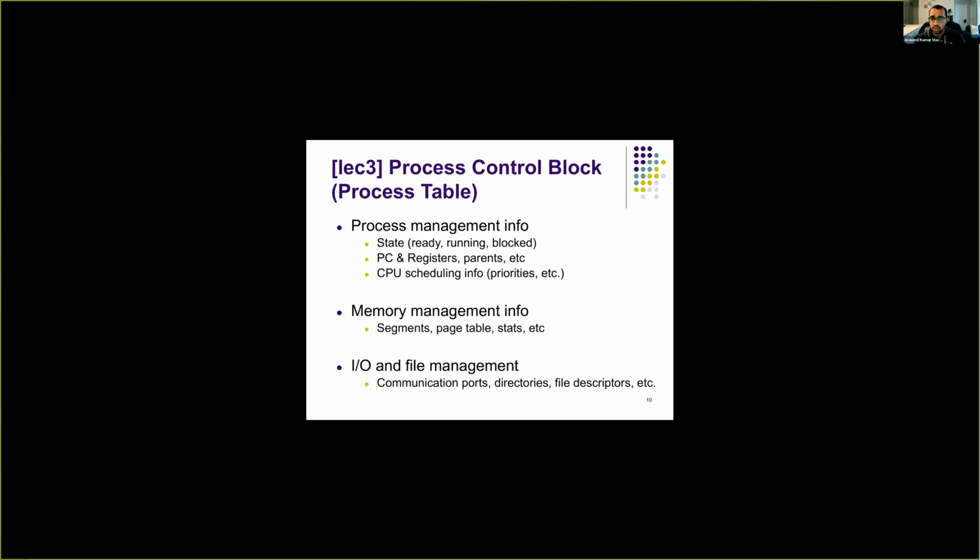It also has memory management info and IO management information. So now the scheduler needs to save the state onto the process control block, then get the process control block of the new process, read the state from it, and then schedule it.